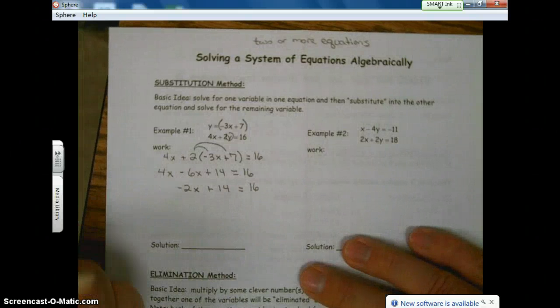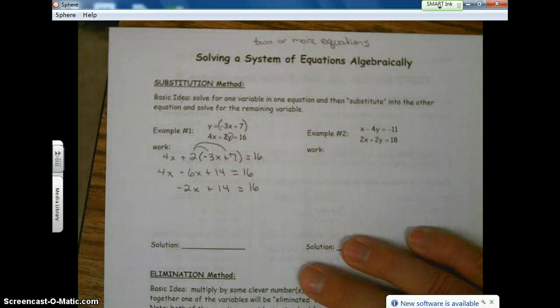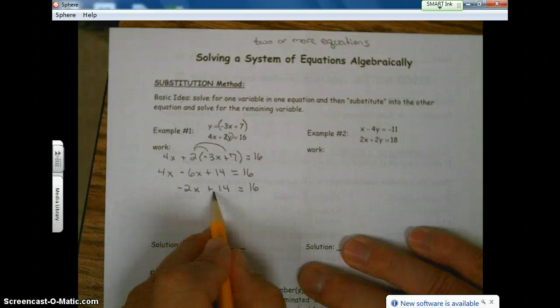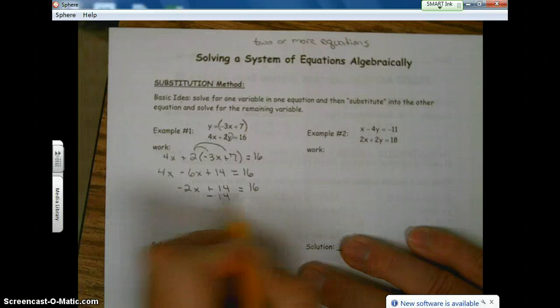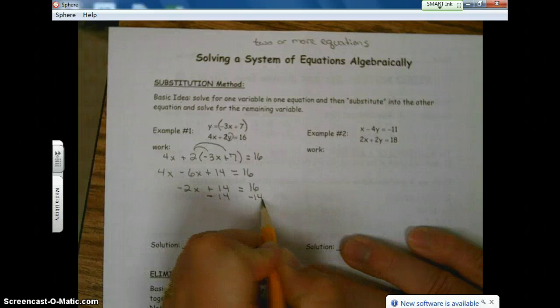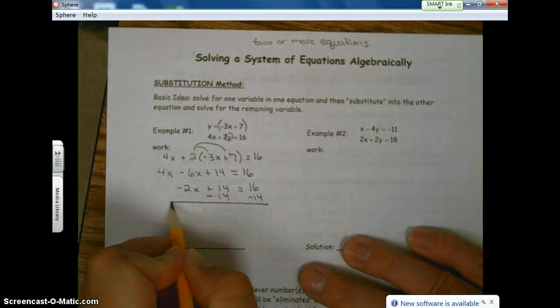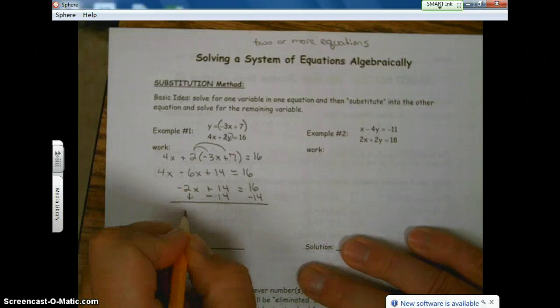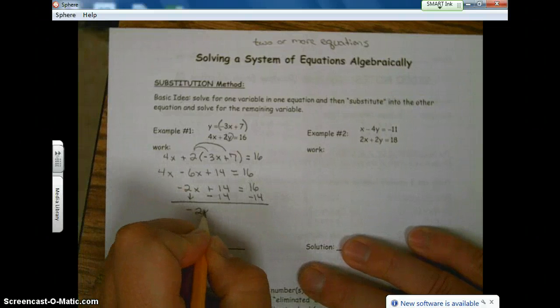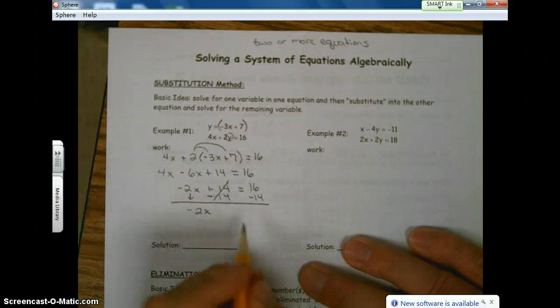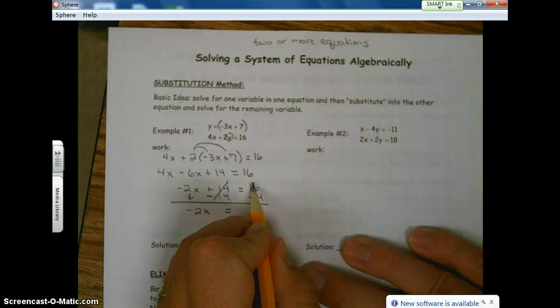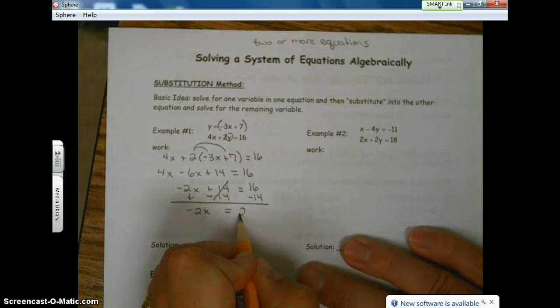Now I'm going to go ahead and do some solving. So first thing we do is we undo adding and subtracting. So I'm going to undo adding with subtracting. What you do to one side of the equation, you do to the other side. Bring down what you didn't do anything to. We didn't do anything to the negative 2x. 14 minus 14 is 0. 16 minus 14 is 2.